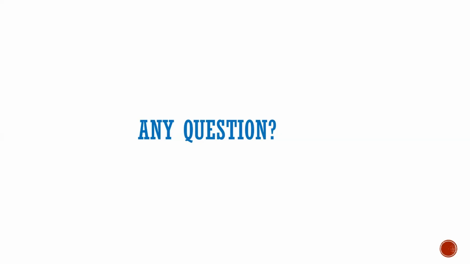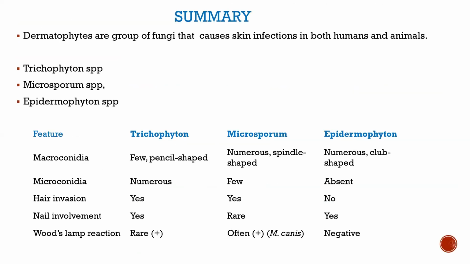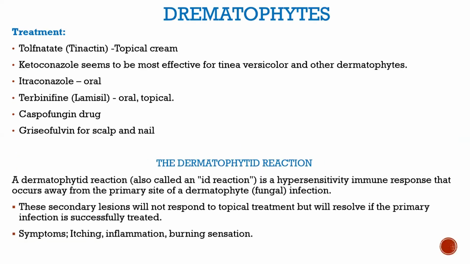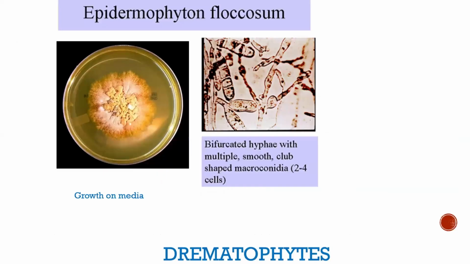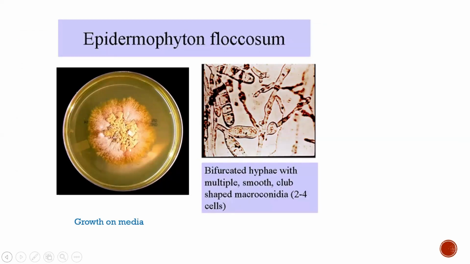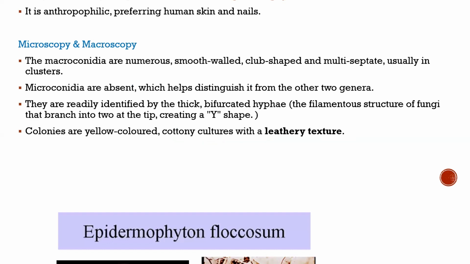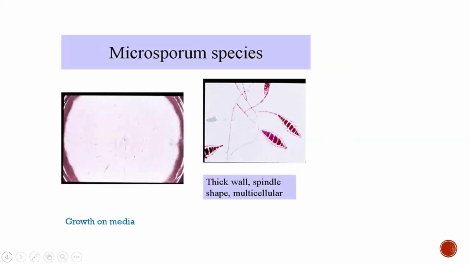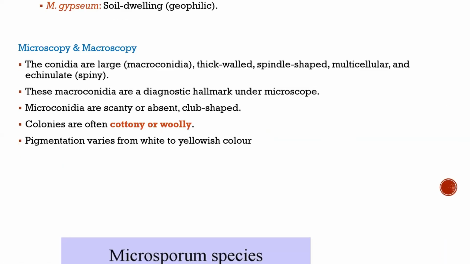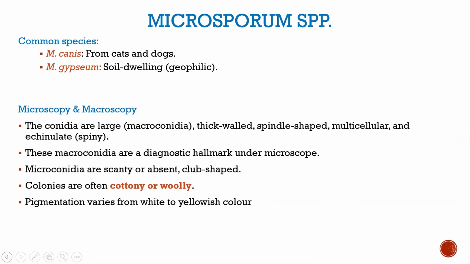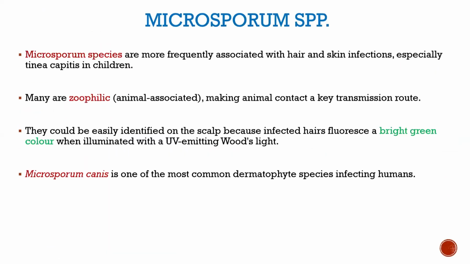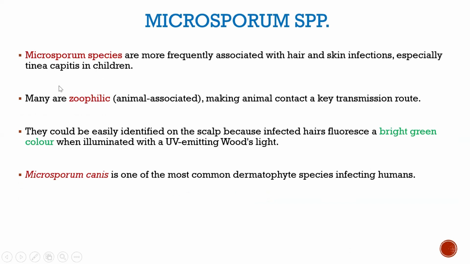Like in most of the slides I presented, I mentioned that dermatophytes are fungal infections that affect humans, the skin, the nails, and the scalp. Then you can also mention for the epidemiology that they are transmitted through anthropophilic, zoophilic, or through, what's the last thing we mentioned? So these are all epidemiology.